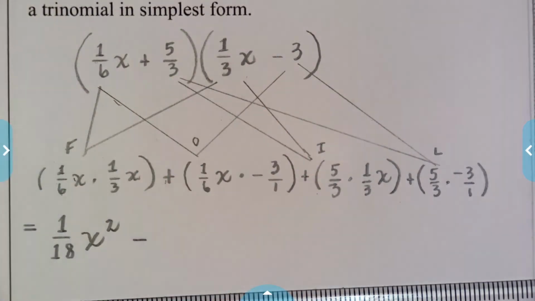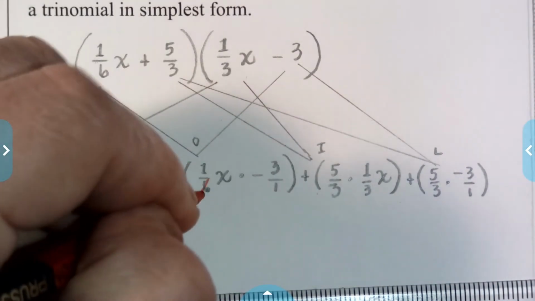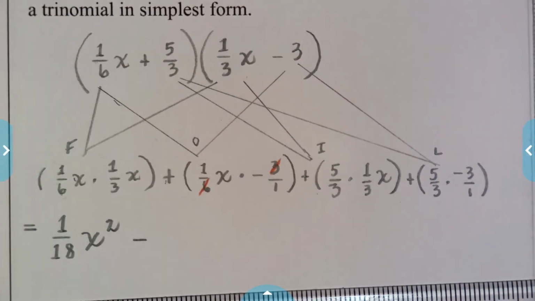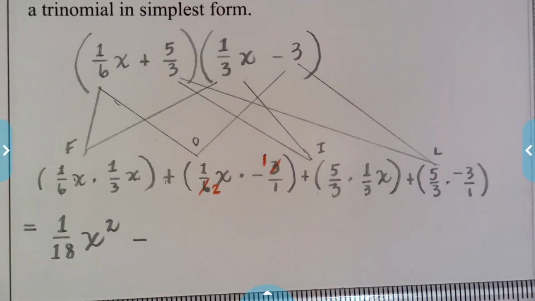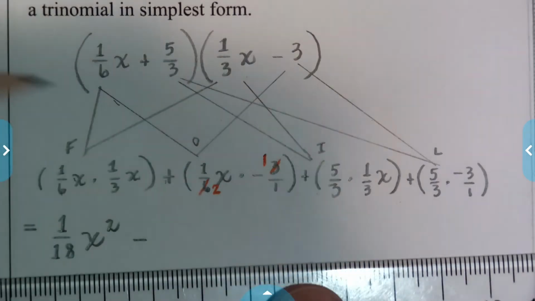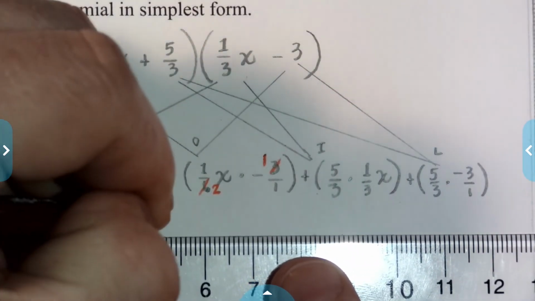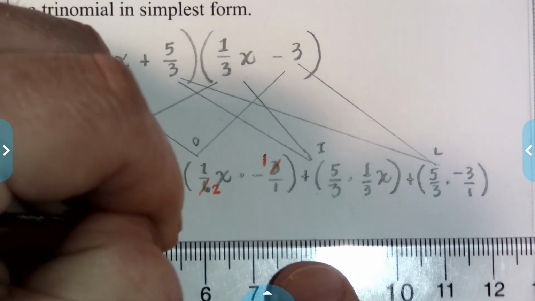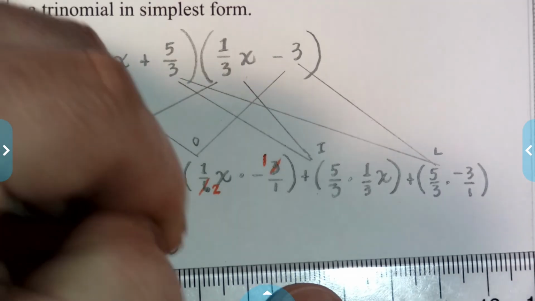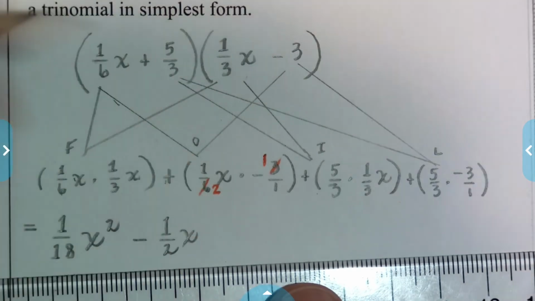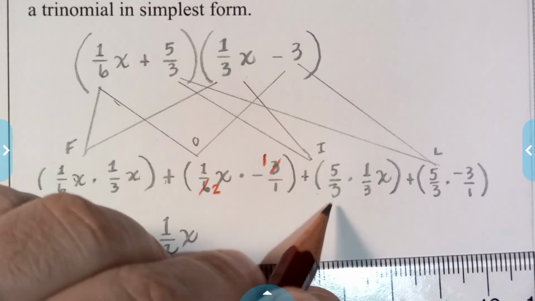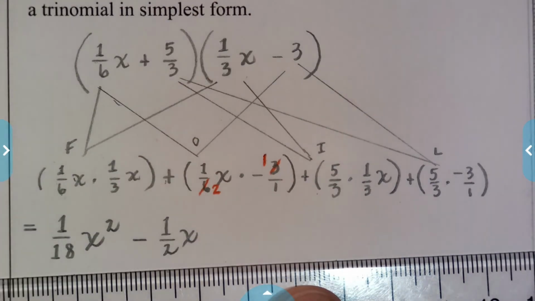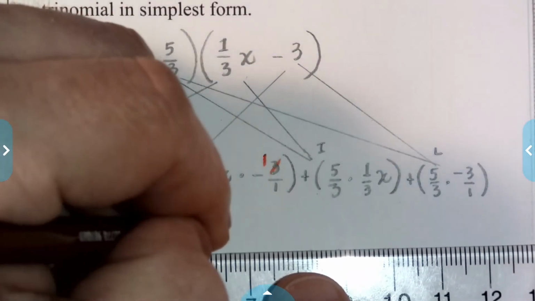But look, I have the 6 and the 3 that can cancel out, leaving behind a 1 and a 2. So this is going to be -1/2 x. Okay, next up we have 5 times 1 over 3 times 3. So that's 5/9 x plus 5/9 x.